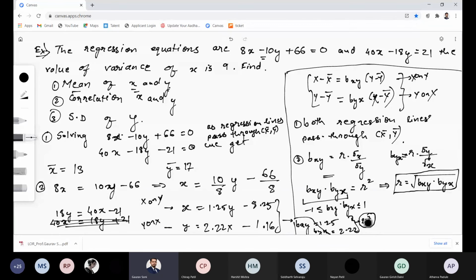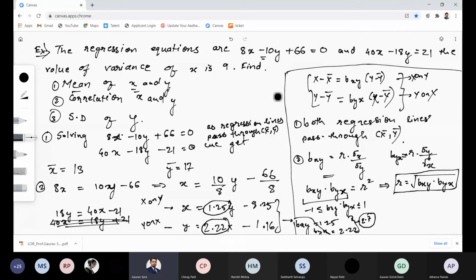What is the condition on r square? The condition on r square is it has to lie between -1 and +1. Yes or no? Yes, sir. So that's why our choice is wrong. You have to take a choice in such a way that this value will become less than 1.